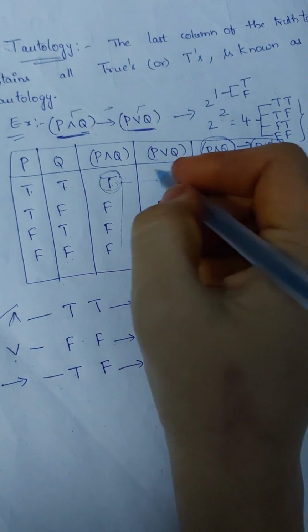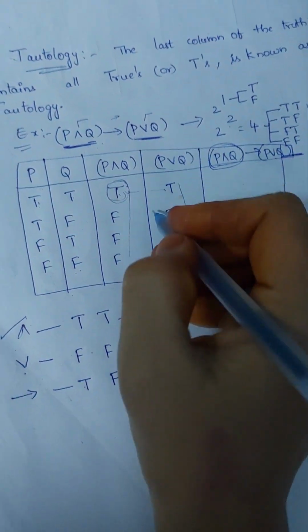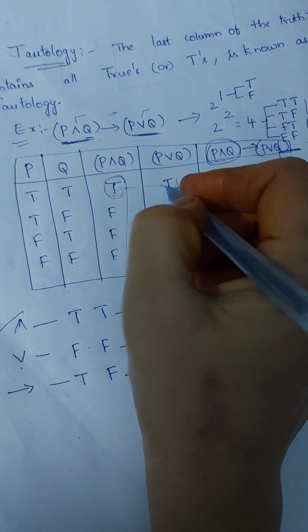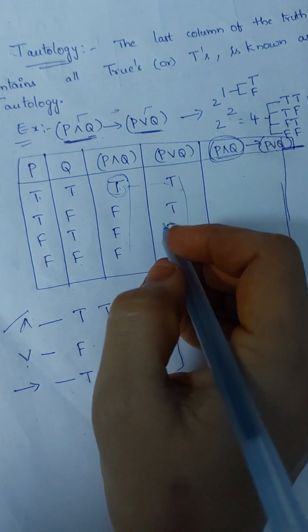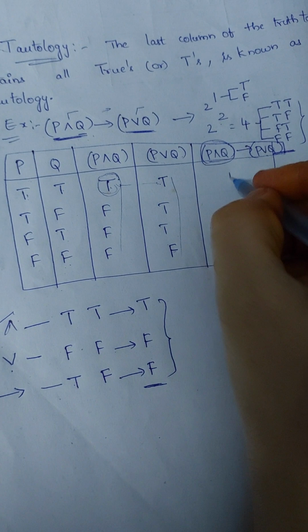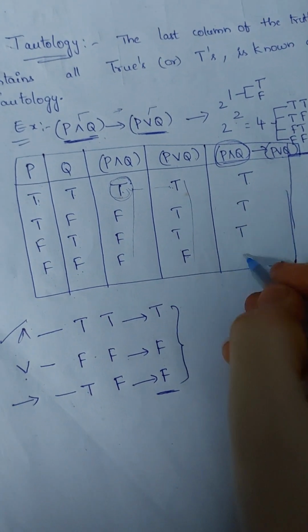But here we didn't get any false value in P or Q. When P and Q is true, there is no false statement in P or Q. So all are trues.